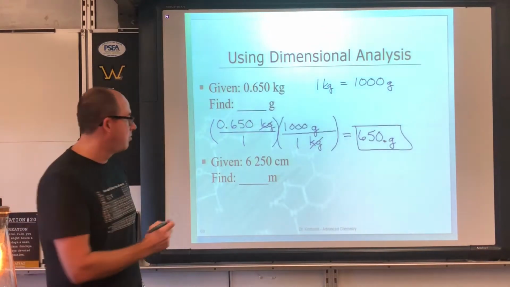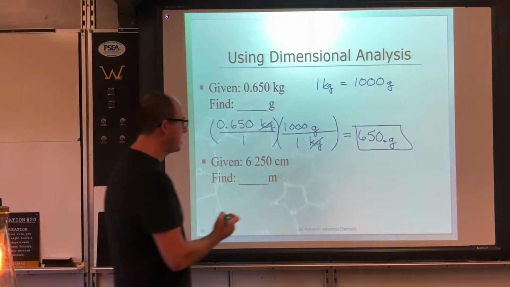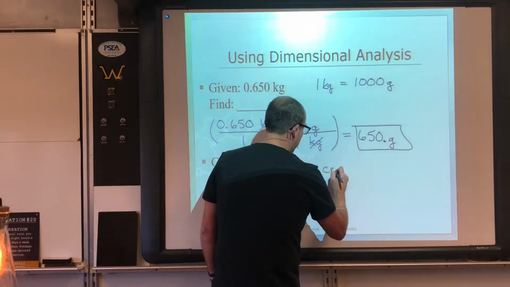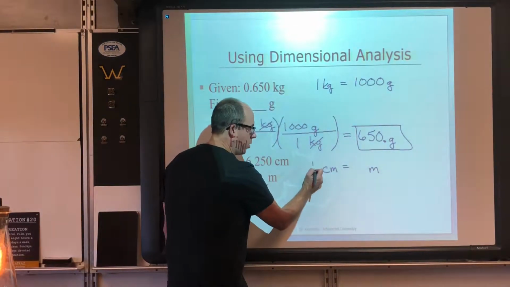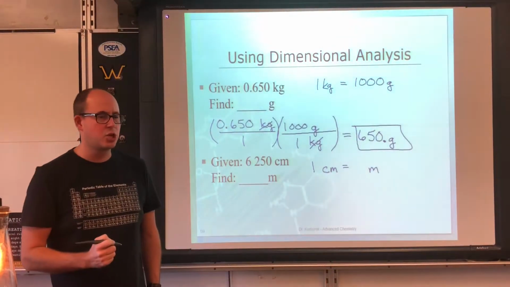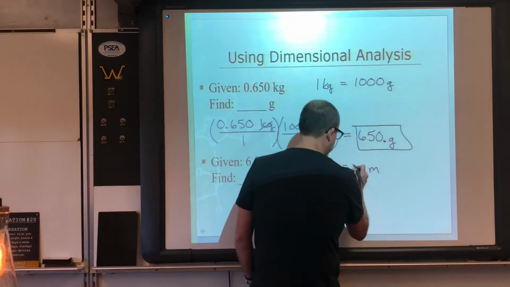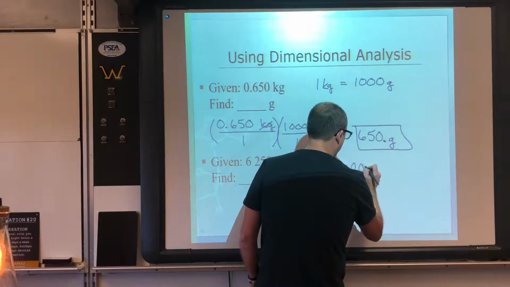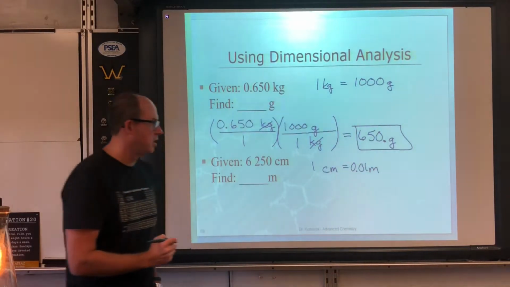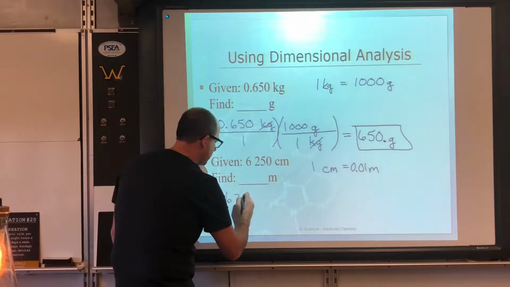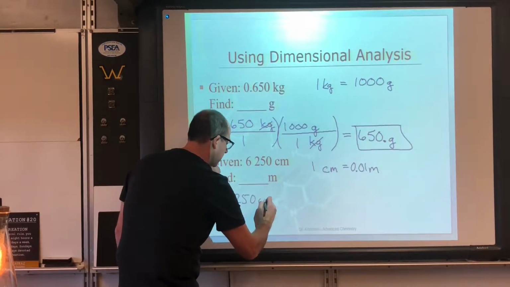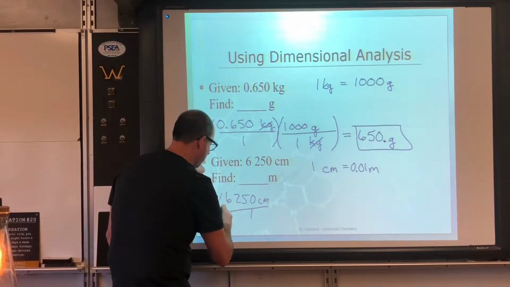In the next problem, we're dealing with a smaller unit, centimeters, converting to a larger unit, meters. The rule is still put 1 in front of the prefix, but when you look at the chart, the multiplier is listed as a decimal. It's 0.01 or 1/100th of a meter. Setting up the problem, 6,250 centimeters over 1.